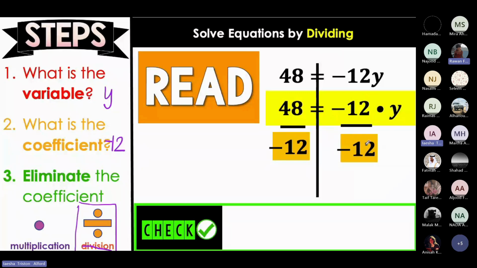Make sure you check it yourself. Negative 12 divided by negative 12, put it in the calculator. Positive 1. It must always be positive 1. We want the coefficient to change to positive 1. The only way to get positive 1 is to keep the same number up and down. Check it. If you do negative 12 divided by positive 12, what answer does it give you?